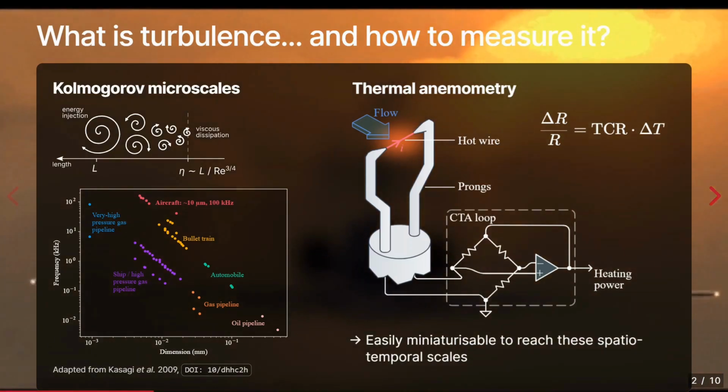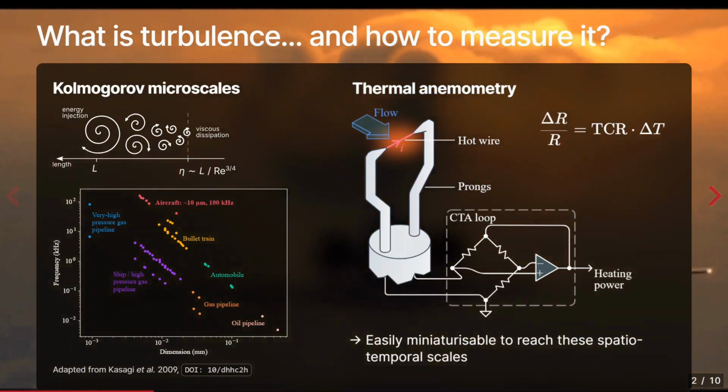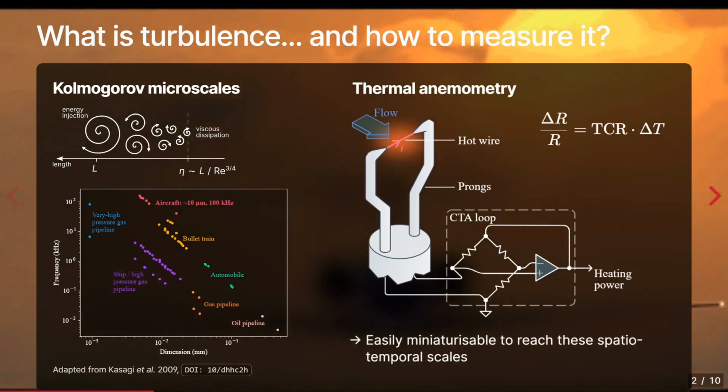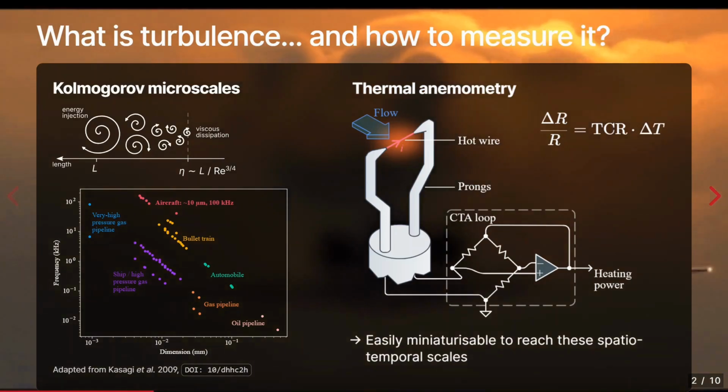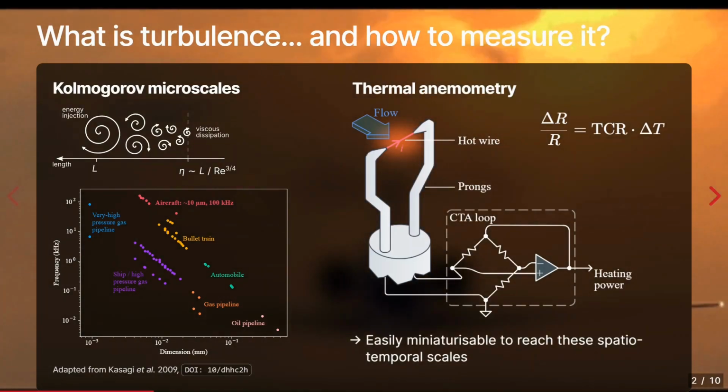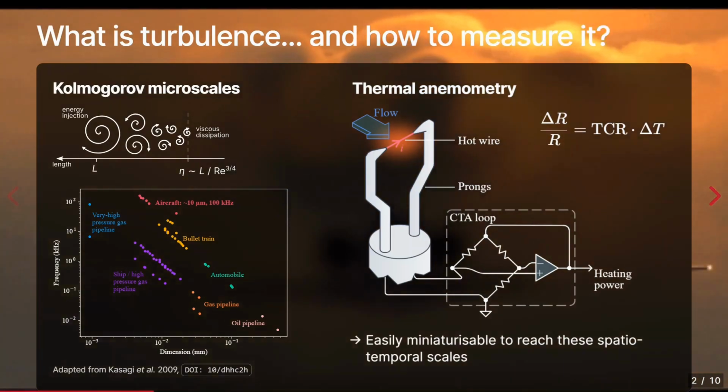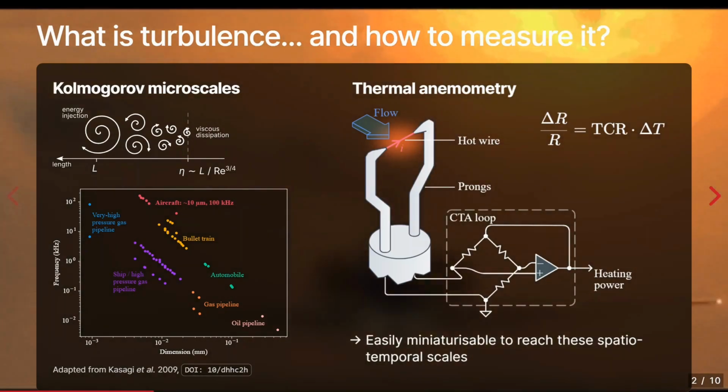So this is the exact same principle. We have this little element which is heated by Joule current. It generates a small pocket of air, which is called a thermal boundary layer. And when the wind is blowing, it will displace this boundary layer, thus cooling the wire by forced convection.